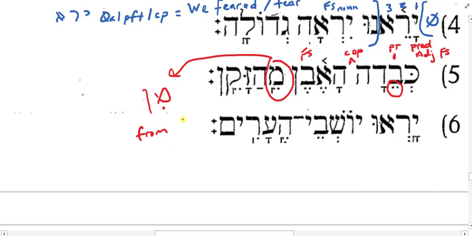But there's another use of min, because from doesn't really work, does it? Heavy is the rock from hazaken, from the elder or old man. That makes absolutely no sense. So what's another function of the min besides the separation idea?